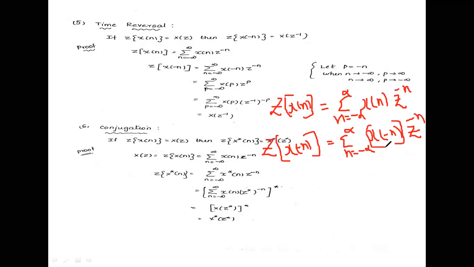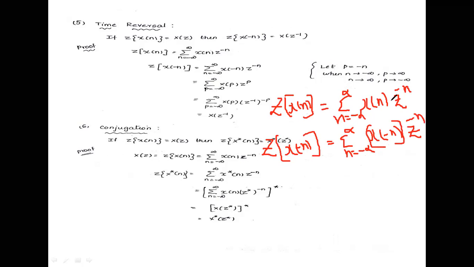Is it right, my students? Now instead of x of n, I'm taking x of minus n, the sum of n equals minus infinity to infinity of x of minus n z power minus n. I'm taking only the signal; I'm not replacing n with minus n.